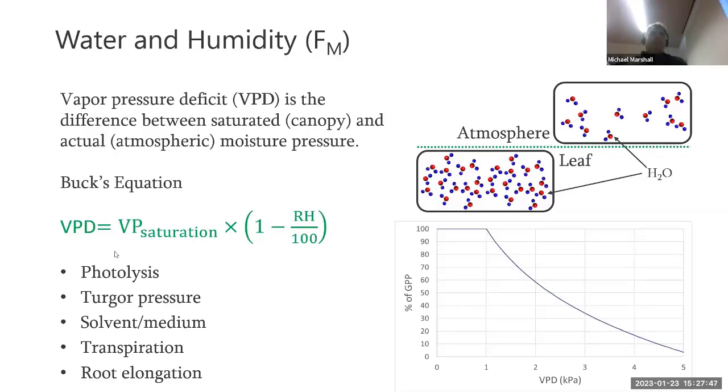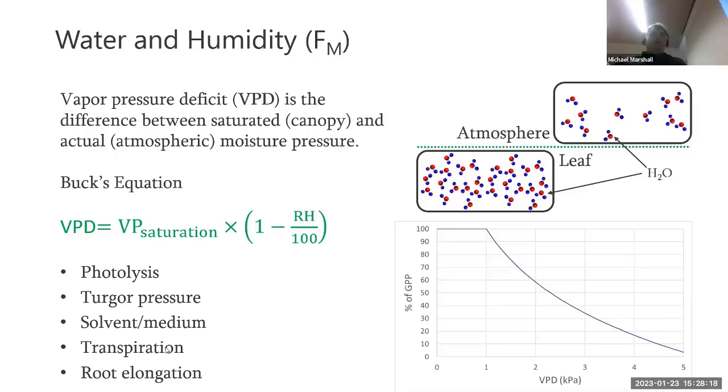You can see water is involved in a lot of functions that aren't really directly captured by this approach. Photolysis, the breaking down of water absorbed by the roots to make sugars. Water helps to maintain turgor pressure and structure. It's also an important solvent or medium for nutrients and transport throughout the plant, through the xylem. Transpiration has a couple of functions.